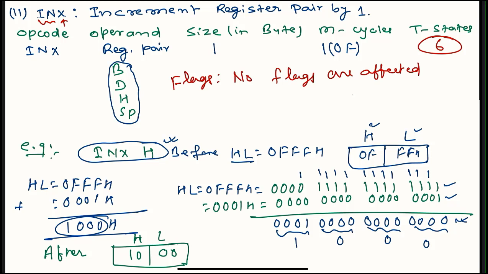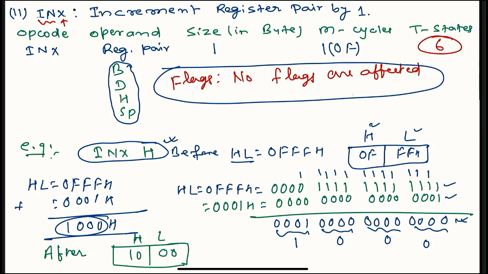No flags are affected by the execution of this instruction. INX means the status of the flags before execution of INX will not be altered; it will be as it is. So no flags are affected by the execution of INX. This is the key point you must remember.